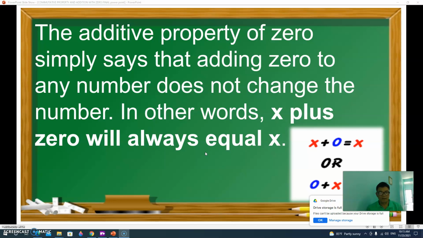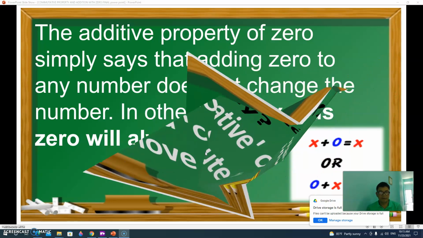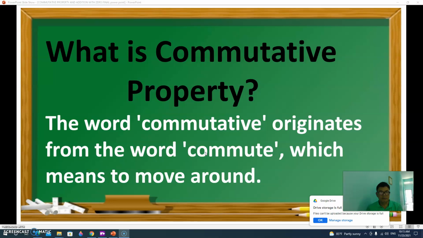What is the commutative property? The word commutative originates from the word commute, which means to move around.